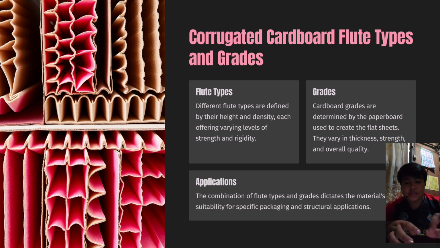Then grades: cardboard grades are determined by the paperboard used to create the flat sheets. They vary in thickness, strength, and overall quality. And applications. The combination of flute types and grades dictates the material's usability for specific packaging and structural applications.